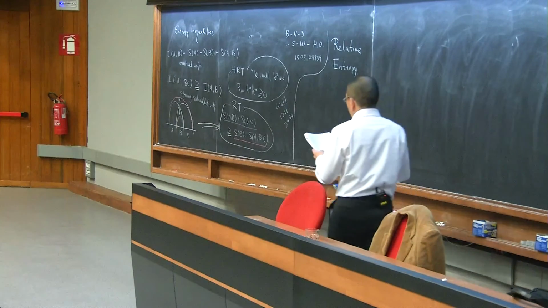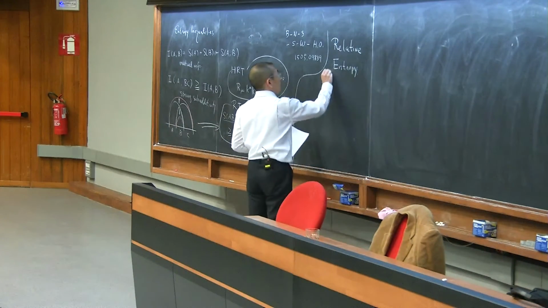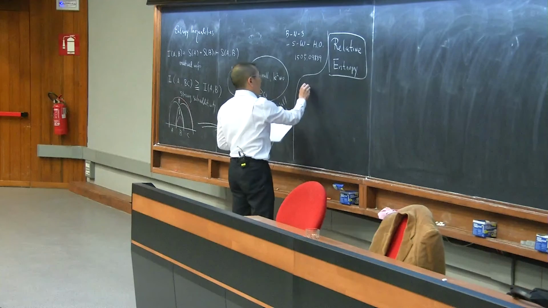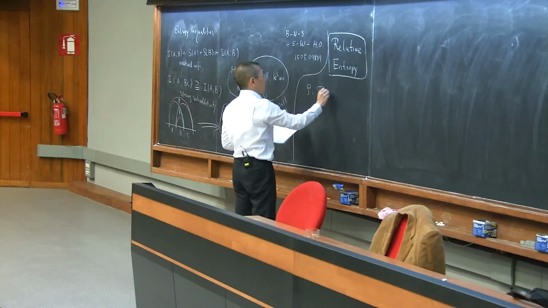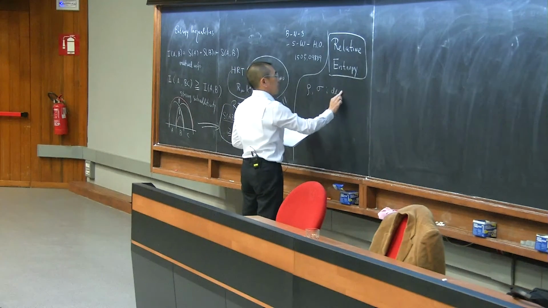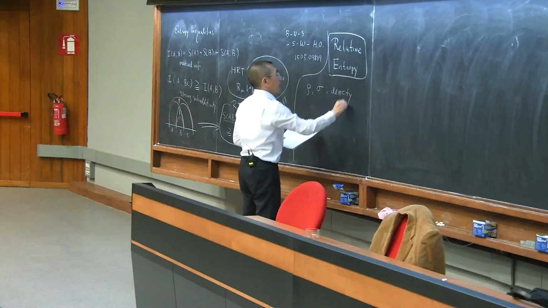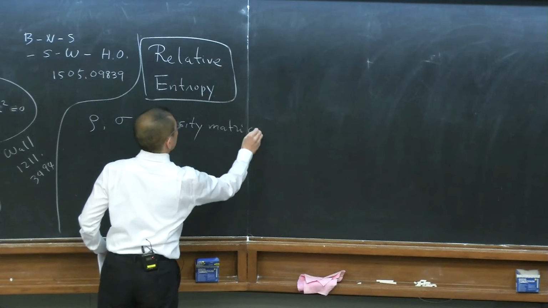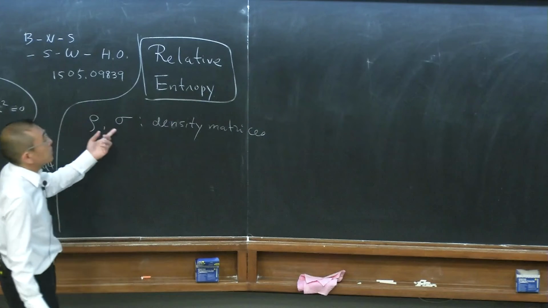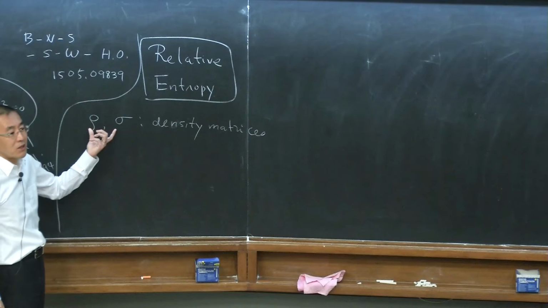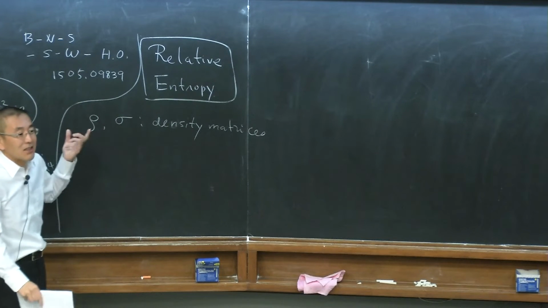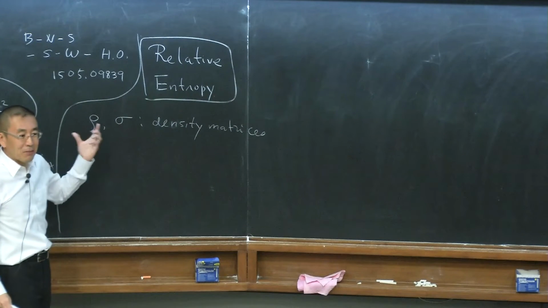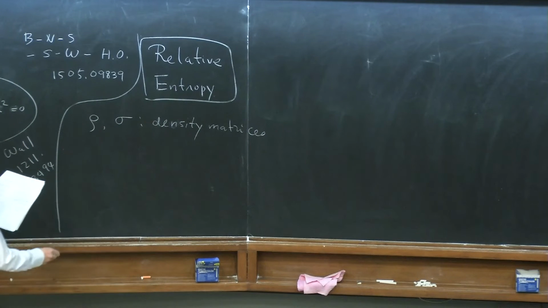But let me just remind you that relative entropy is defined for two given density matrices, rho and sigma. Relative entropy is a quantity which somehow tells you how close these two are. So it's like a distance, except that it's not quite symmetric in rho and sigma.